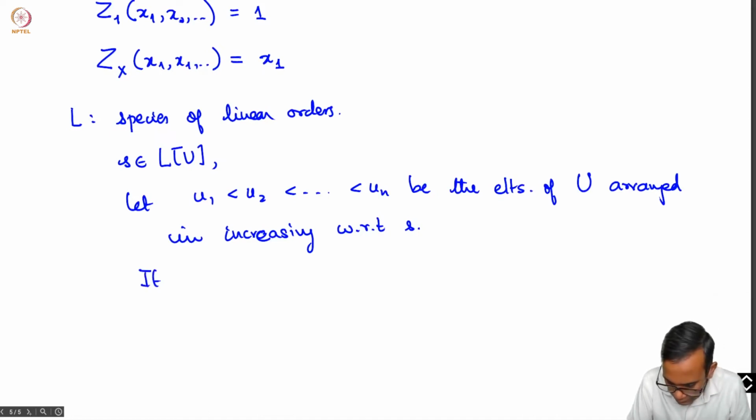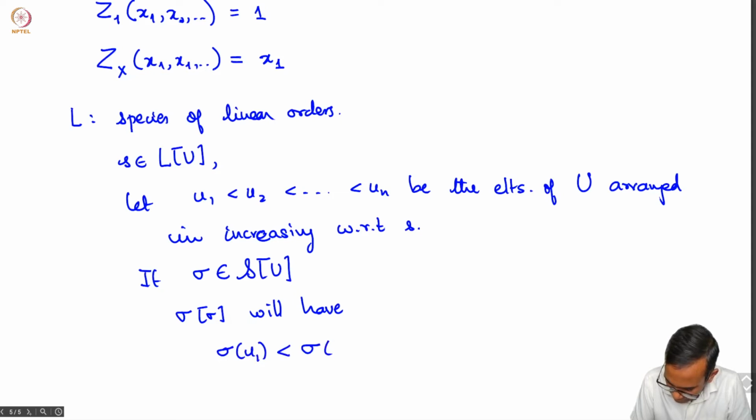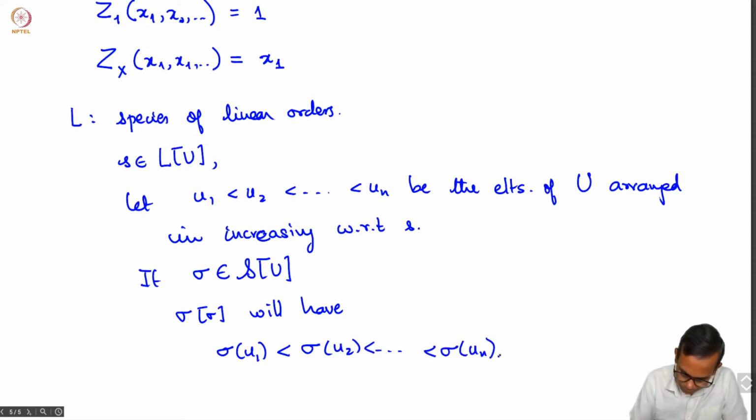And if sigma is a permutation of U, in S_U or perm U, then sigma[S] is, by definition, sigma(u1) less than sigma(u2) less than ... less than sigma(un).